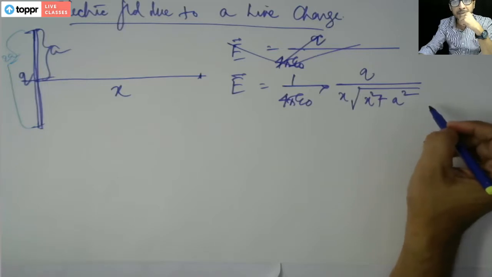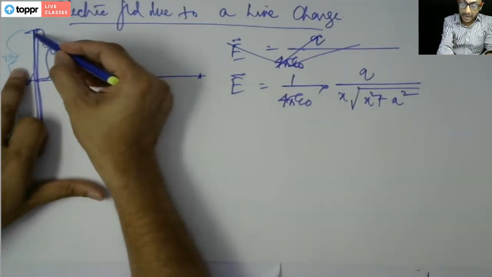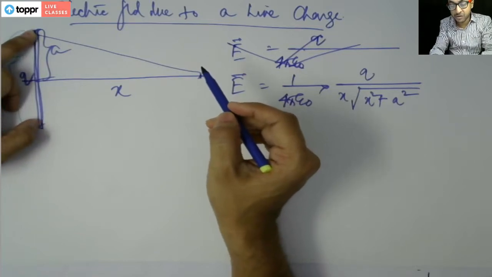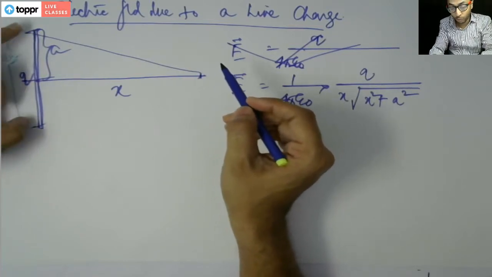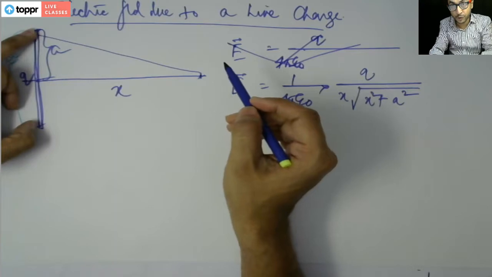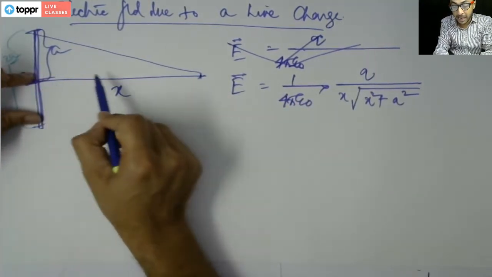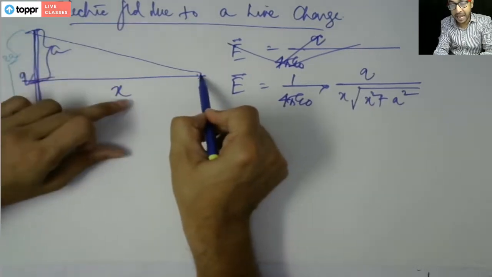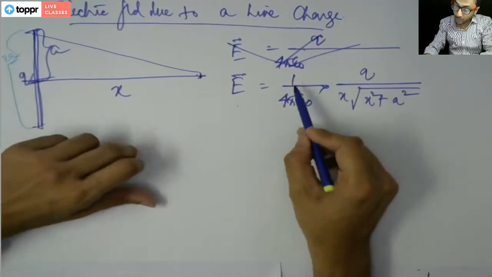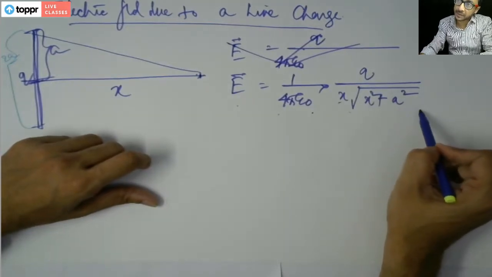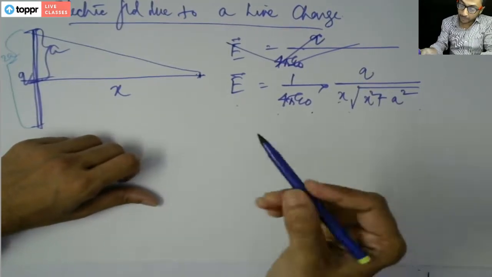Now what does this mean? When this line distribution is q within a distance of 2a, from the center it is a and this is minus a, and the distance here is x, so electric field will be 1 by 4 pi epsilon 0 into q by x root over x squared plus a squared. Okay, now what happens?